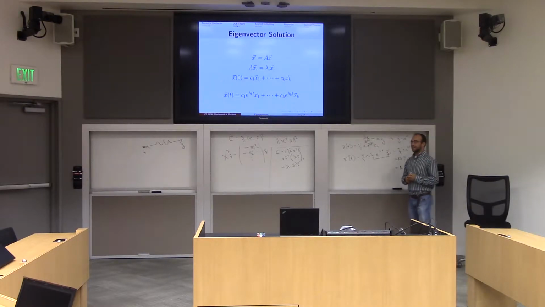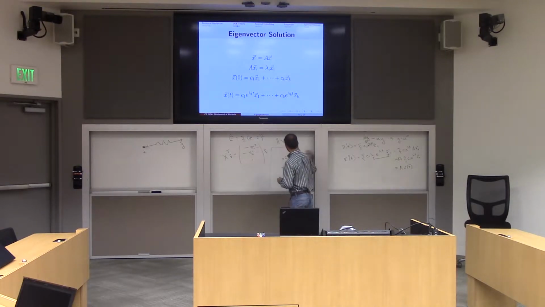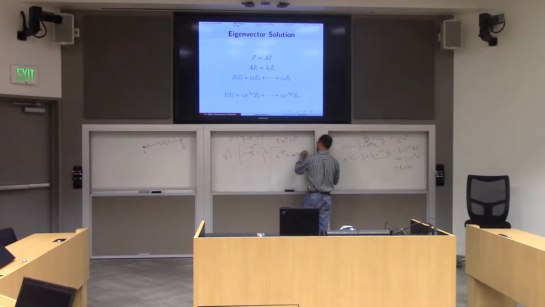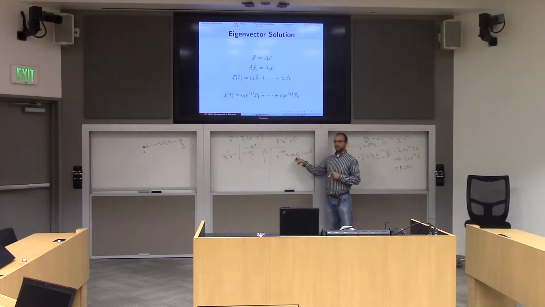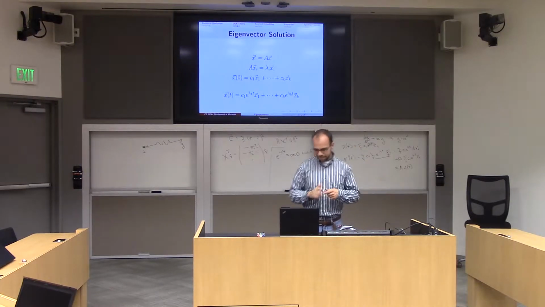Because remember our favorite theorem, this thing that high school math kids really like to quote, that e to the i theta is equal to cosine of theta plus i sine of theta. So this is how to get oscillatory stuff out of exponential stuff. This suggests that there's something kind of complicated going on with this matrix A. But anyway, we're going to hide that under the rug for now.